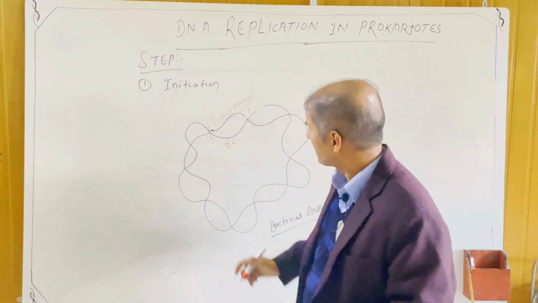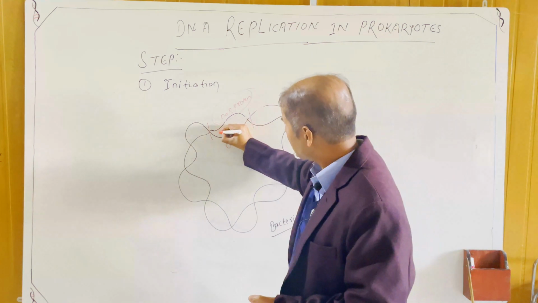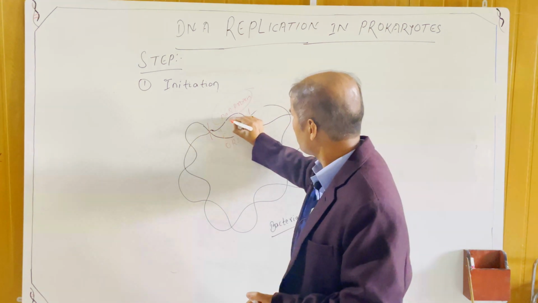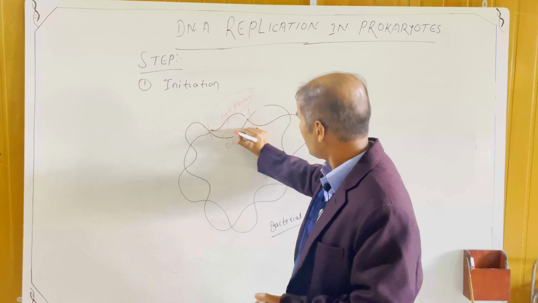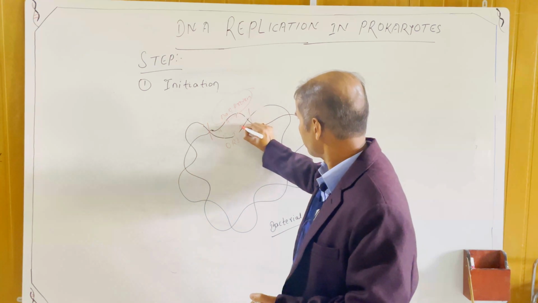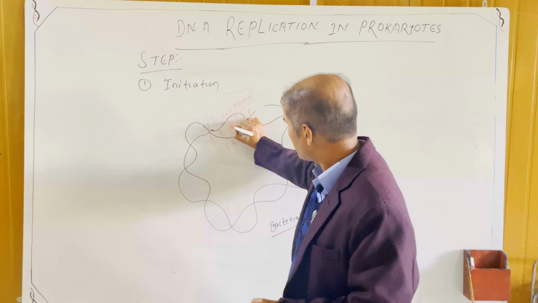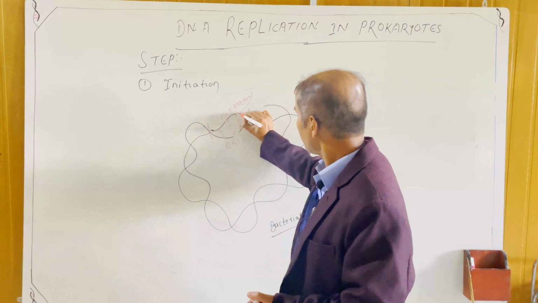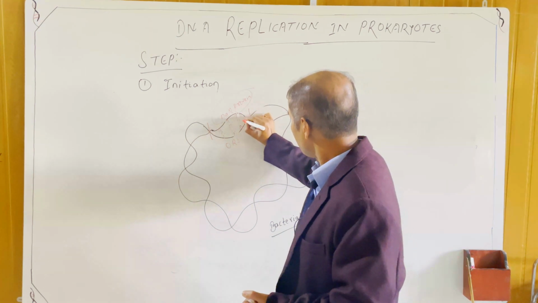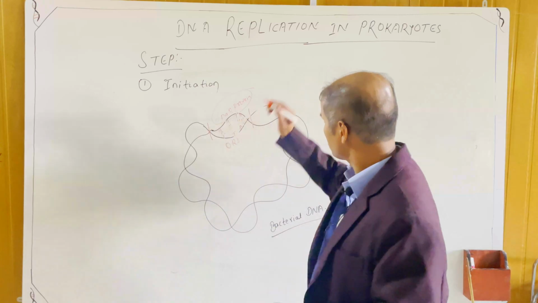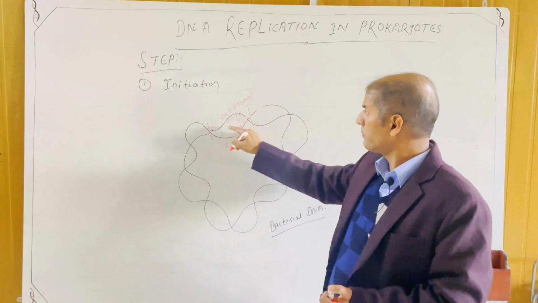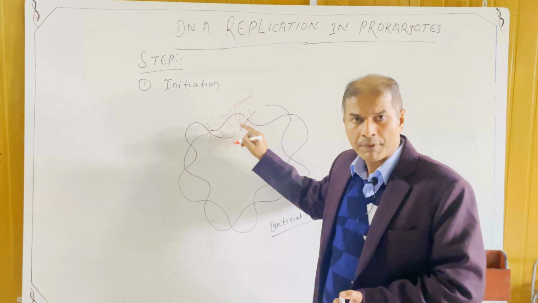We know that this ORI is rich in AT base pairs, that is, several adenine and thymidine nucleotides are present at the site of ORI.